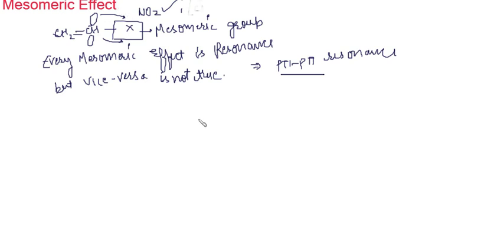The mesomeric effect is mainly divided into two types.